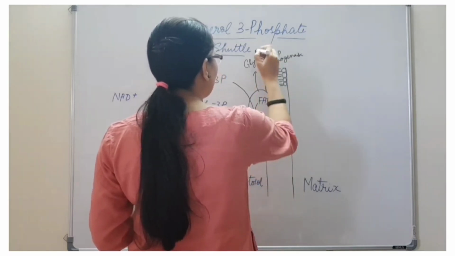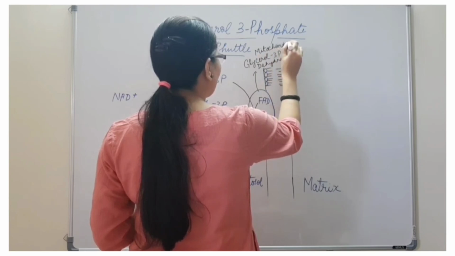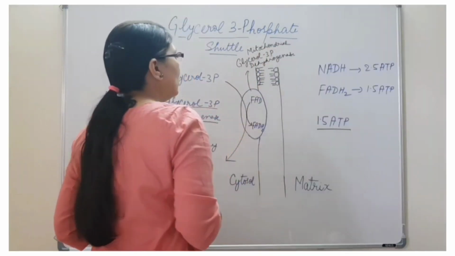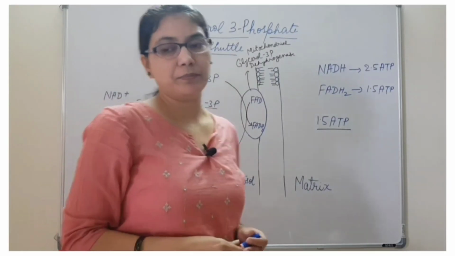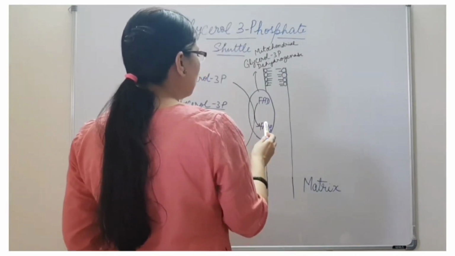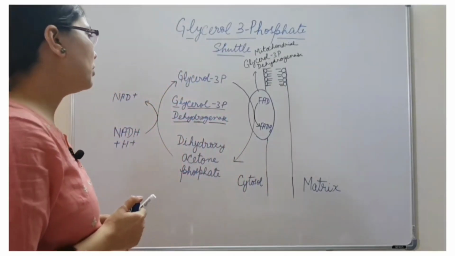It is mitochondrial enzyme present on the outer surface of inner mitochondrial membrane. Then this FADH2 transfers its electron to electron transport chain and ATP is produced.